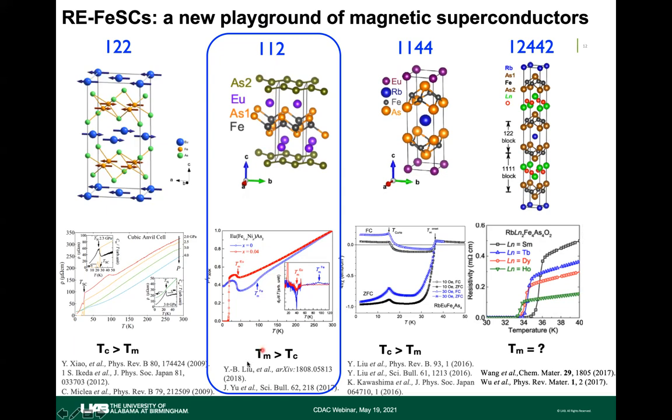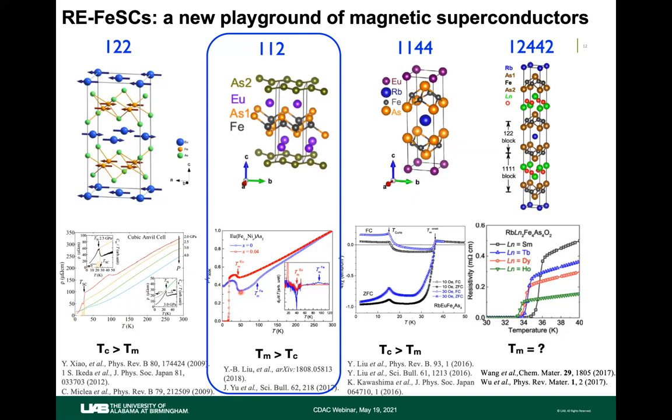The group making this sample actually speculate this could be from the magnetic order of the iron, because this is located around 100 Kelvin, and in similar systems, iron magnetic order is on this scale.